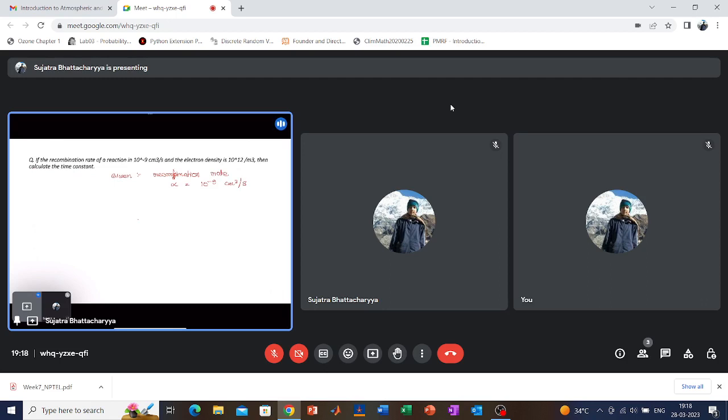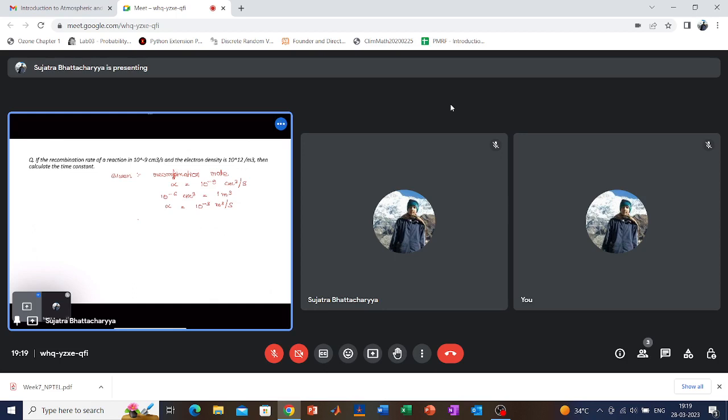Now, how to go from centimeter cube to meter cube? It's just 10 to the power minus 6. So 10 to the power minus 6 meter cube is 1 centimeter cube. So alpha will be 10 to the power minus 3 meter cube per second.